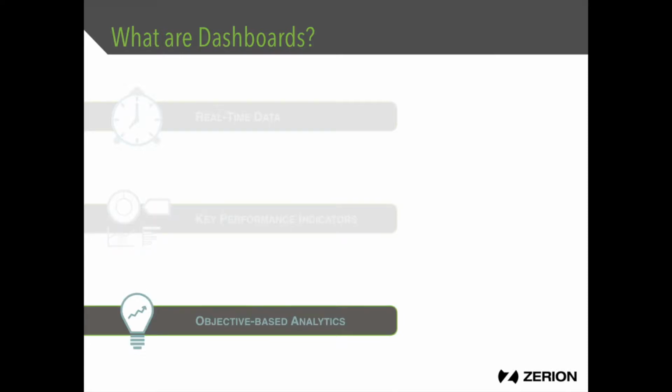And then finally, the third important thing on dashboards is objective-based analytics. What that means is you're getting a goal or some requirements maybe from the business or from a client, and you want to make sure that the analytics and the details that you're sharing on this dashboard are relevant to their requirements. If not, it turns into clutter and something that's not needed.